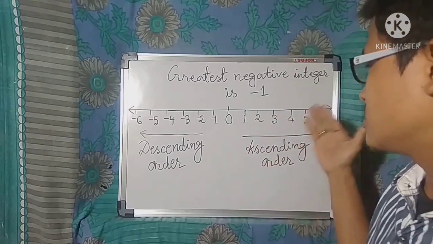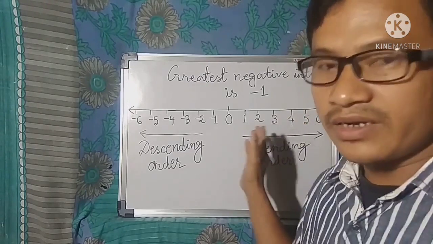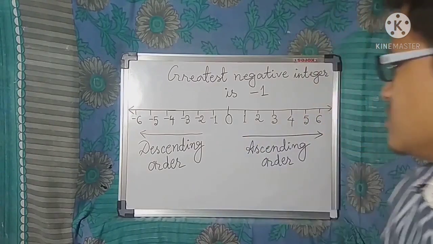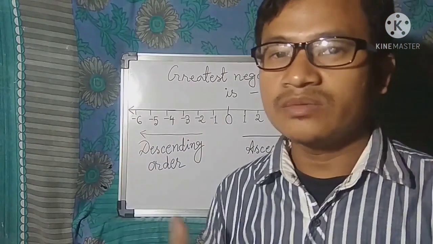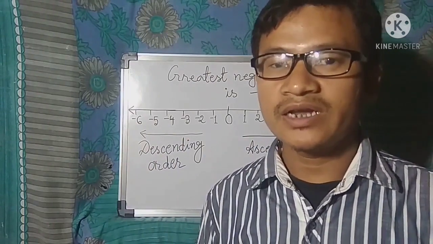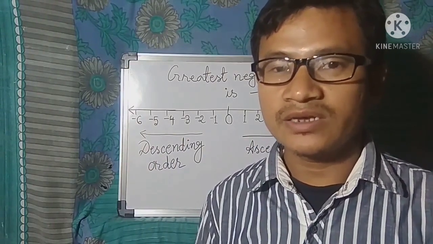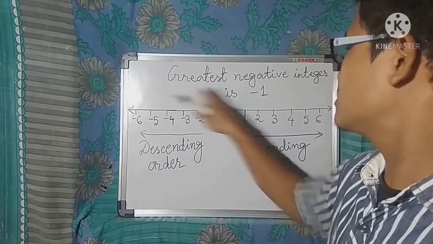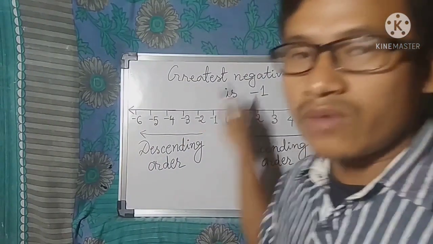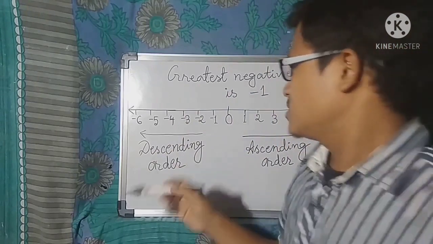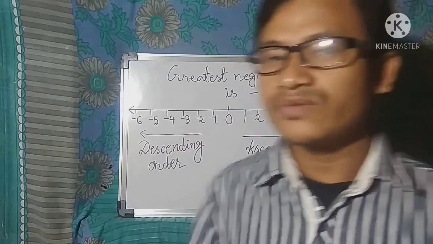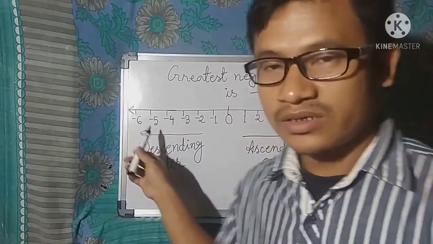The positive integers will not end. That is why it is impossible to find the greatest positive integer, but we can find the greatest negative integer. The greatest negative integer is -1, and it is impossible to find the smallest negative integer.